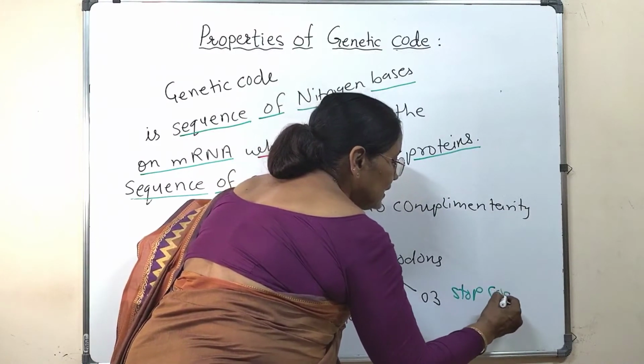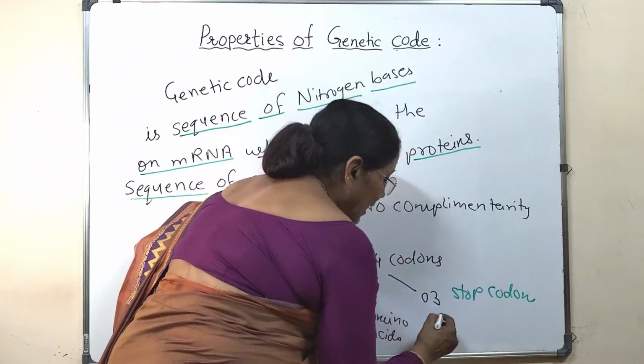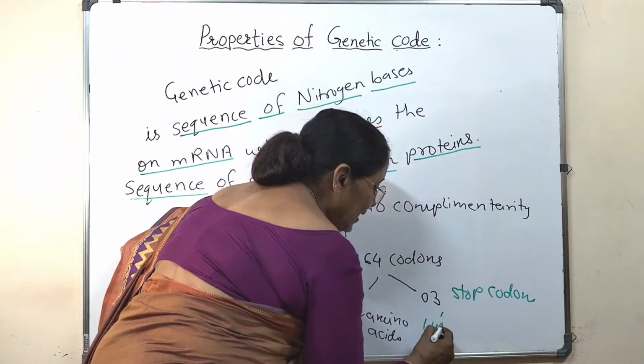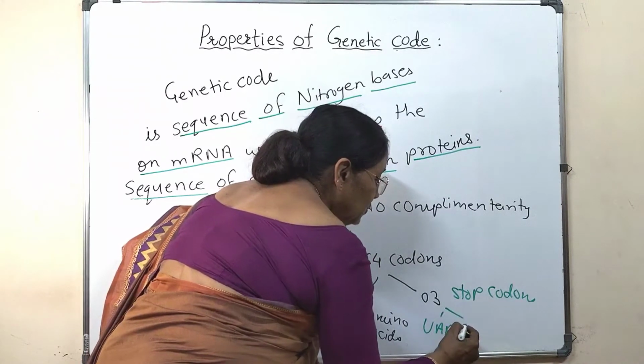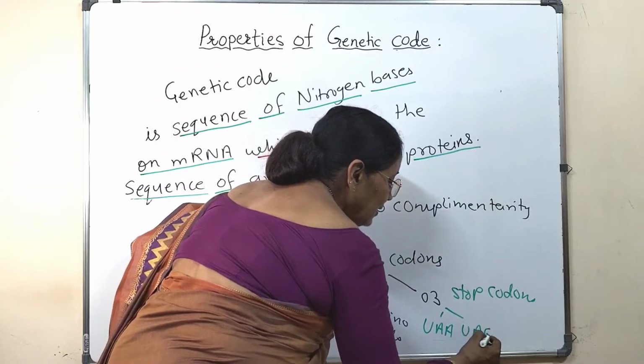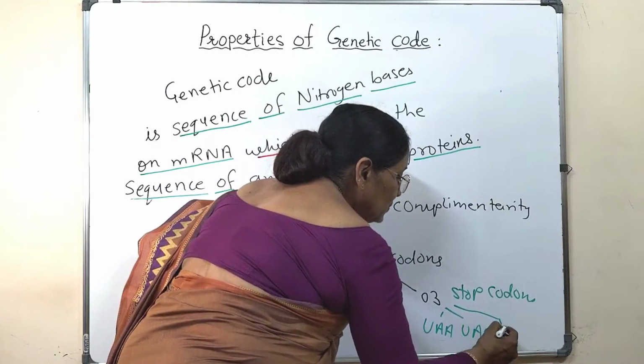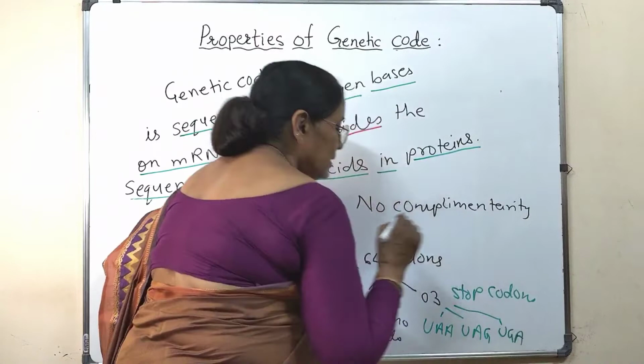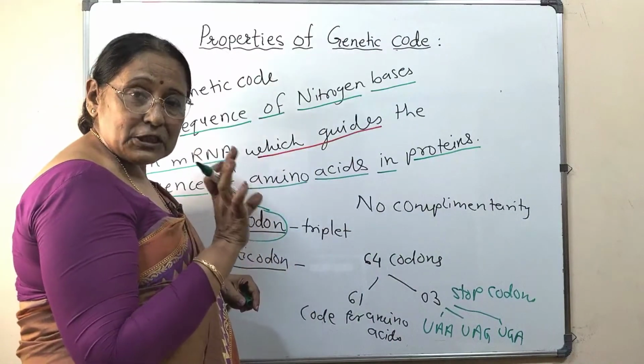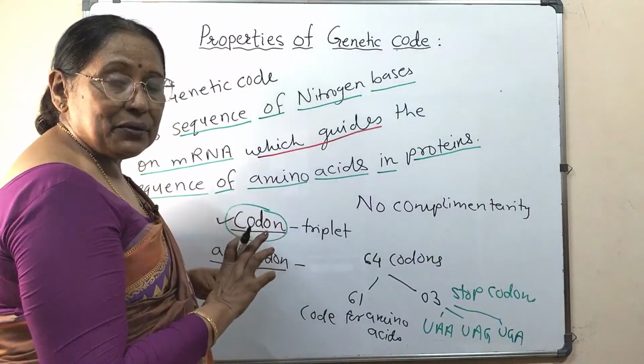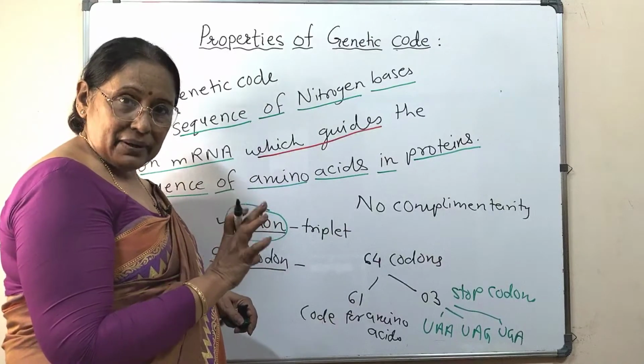These stop codons are UAA, UAG and UGA. Thus, we have seen the first property of the genetic code: its codons are triplet.